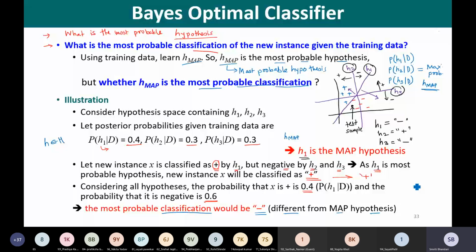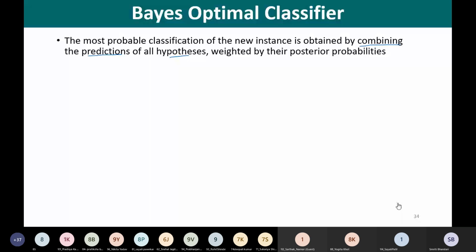So, let's proceed with the formulation of Bayes optimal classification. The most probable classification of the new instance is obtained by combining the predictions of all hypotheses.